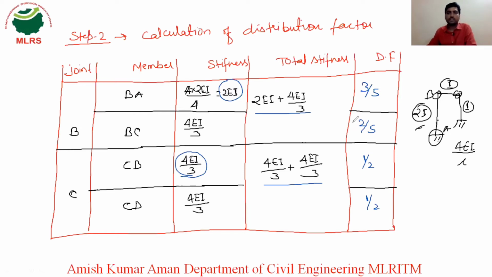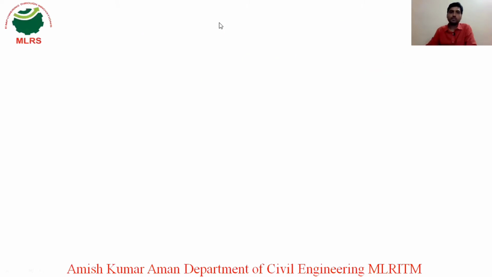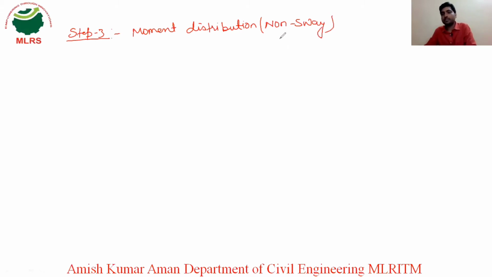What we are doing in step 1 and step 2 is the same as we did in the previous problems. Now coming to step 3, that is moment distribution. But this moment distribution is for only non-sway, because we are not having any sway analysis till now.